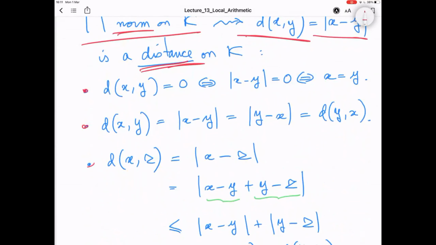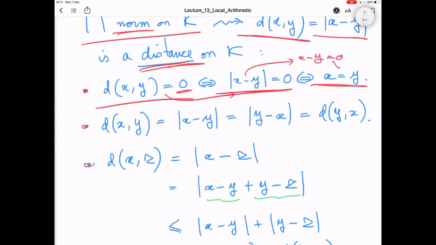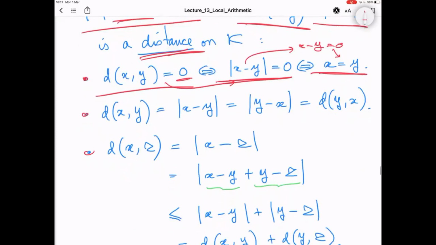The first one is that the distance from X to Y is equal to 0 if and only if X is equal to Y. That's true because the distance being 0 is the same as saying that the norm of X minus Y is 0, and we know that happens only when X minus Y itself is 0, which is the same as saying that X is equal to Y.